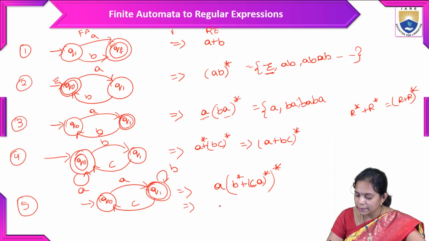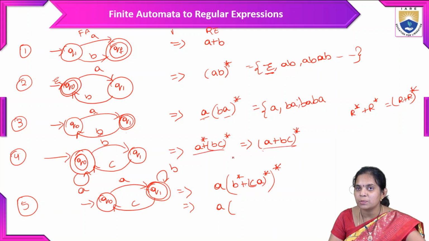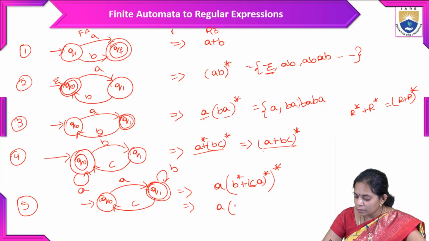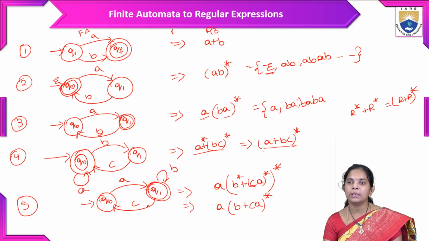Now we have written it like this: A star plus B star is equal to A plus B whole star. So B plus CA whole star. After simplifying, we got the regular expression like this.